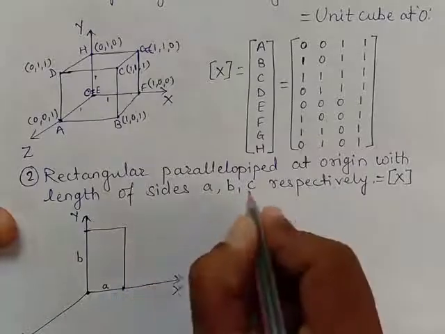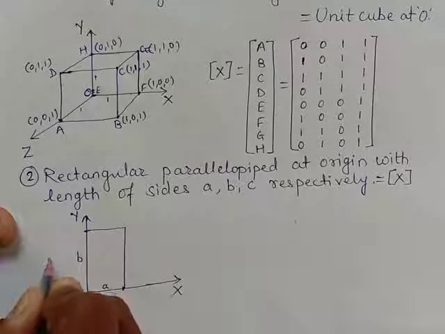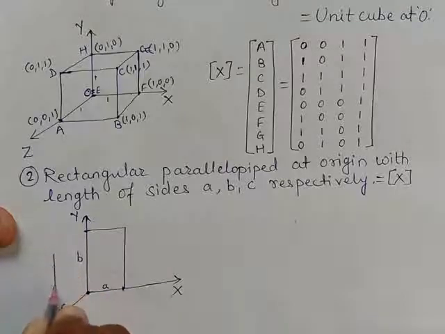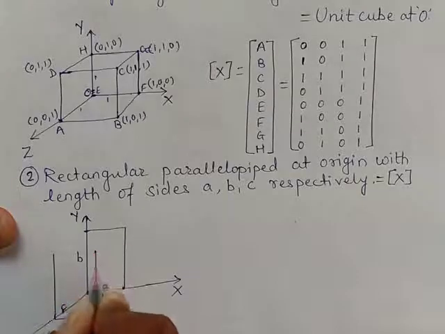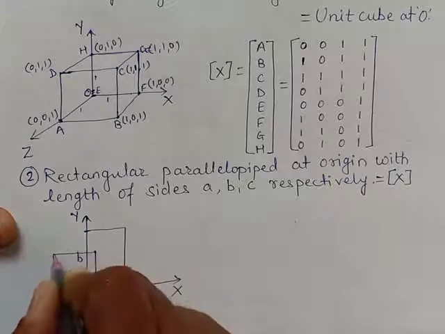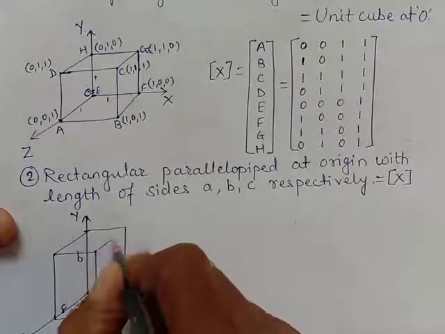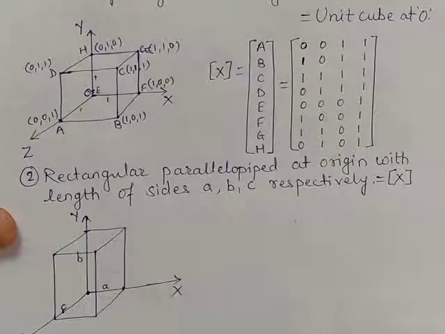Now on z-axis it has C unit. Let it be here, this much C units. This is our rectangular parallelepiped.